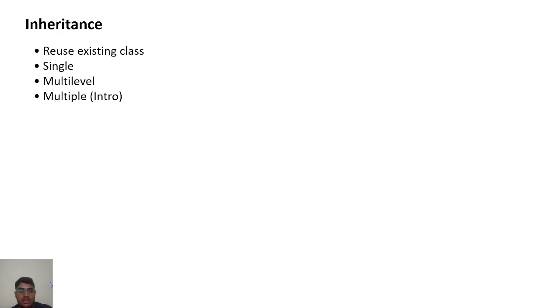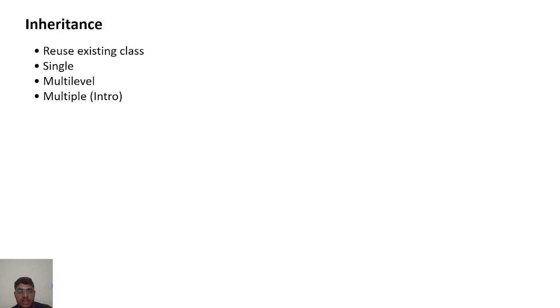Multiple inheritance: a child class inherits from more than one parent class, Father and Mother. All the features we get from our father and mother. So it is multiple inheritance.